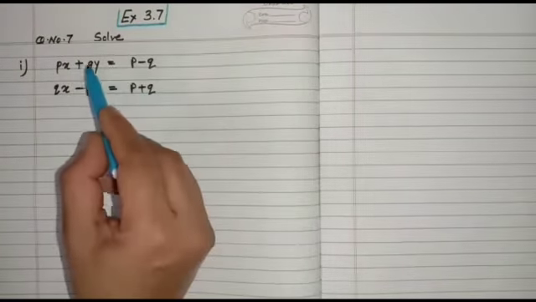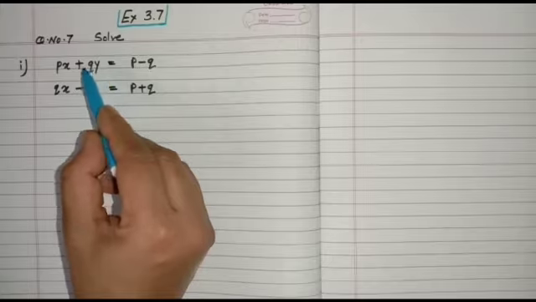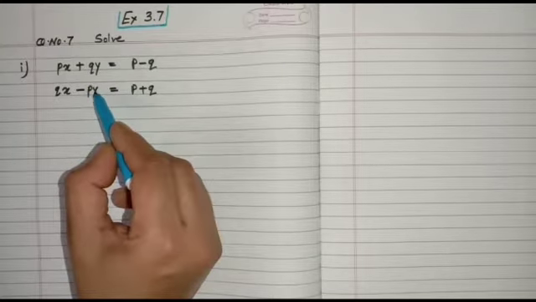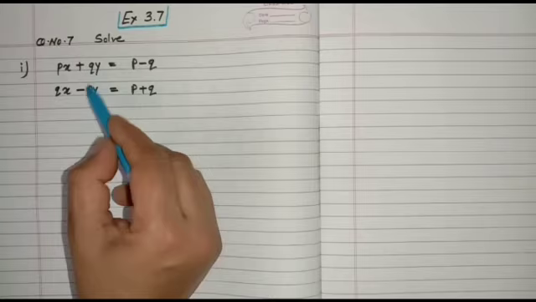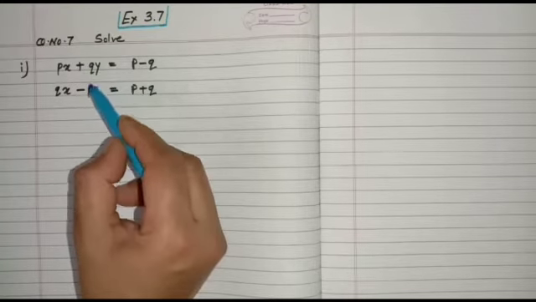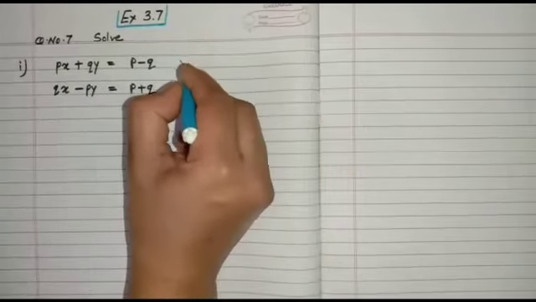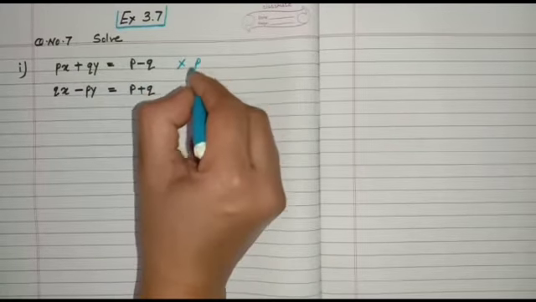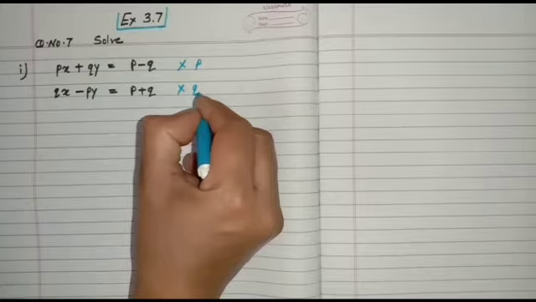As you can see here, in the first equation the coefficient of y is q, and in the second equation the coefficient of y is minus p. It means both are in different signs. So we will multiply the first equation by p and the second equation by q.